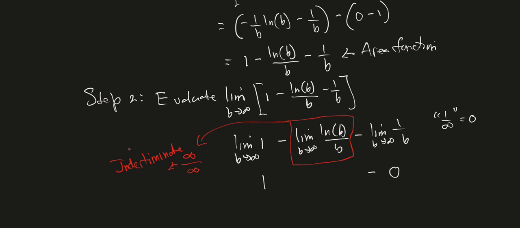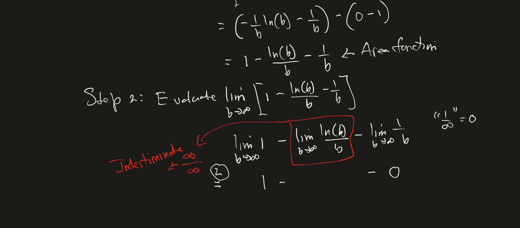And remember what L'Hopital says. Let me switch back to my white. When I apply L'Hopital's, I like to put a little L over the equal sign just to say at this step I'm using L'Hopital's rule.